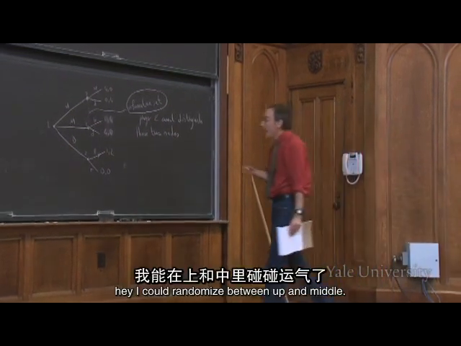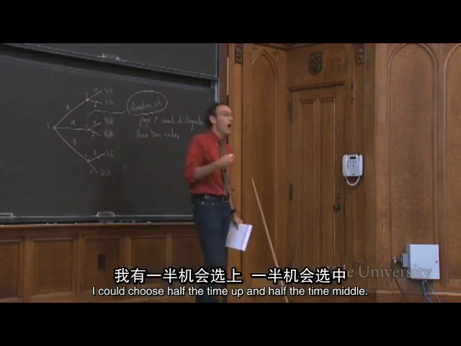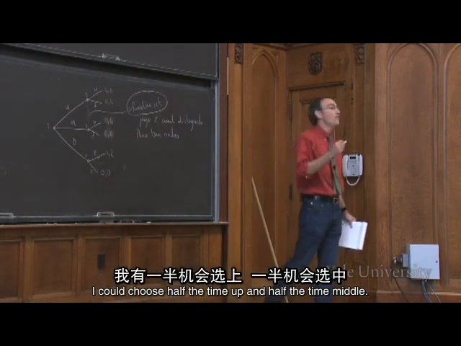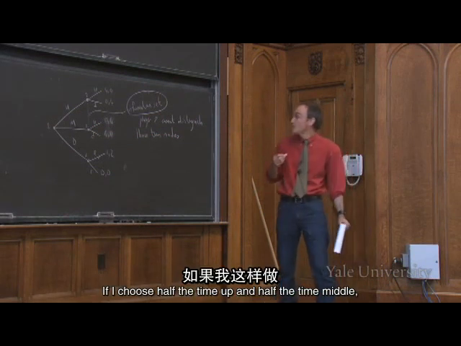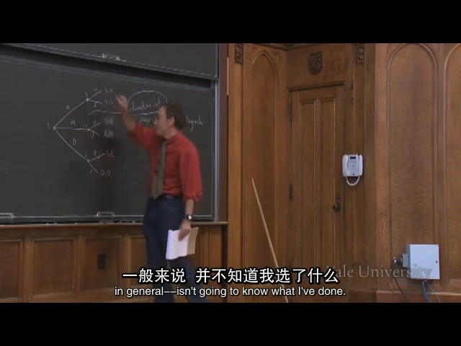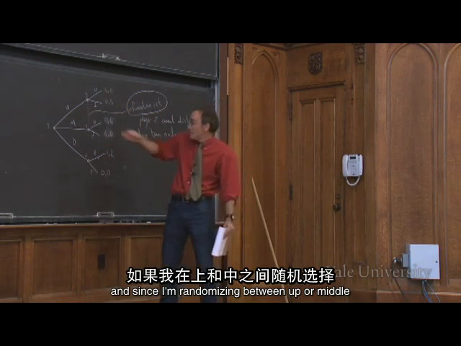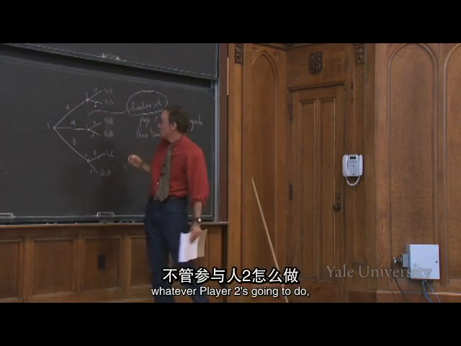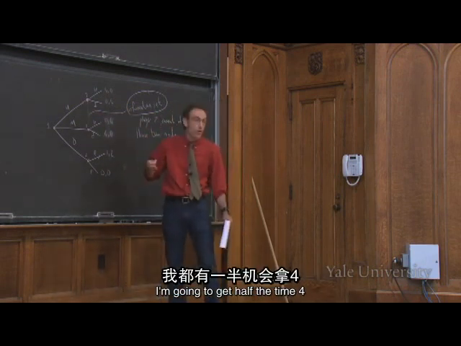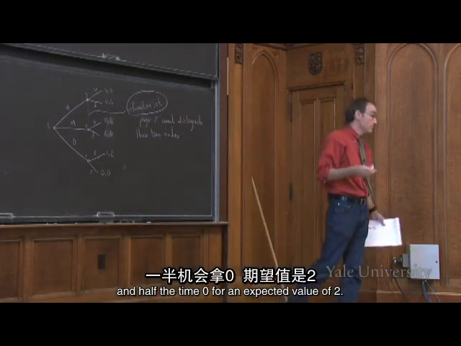Player 1 might say, hey, I could randomize between up and middle. I could choose half the time up and half the time middle. If I do, player 2 isn't going to know, in general, what I've done. It isn't quite clear what player 2 is going to do. And since I'm randomizing between up or middle, whatever player 2 is going to do, I'm going to get half the time 4 and half the time 0 for an expected value of 2.